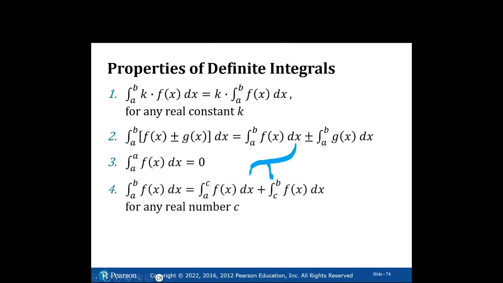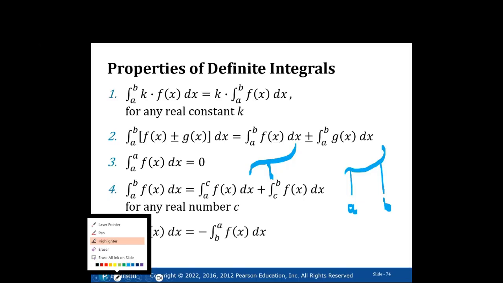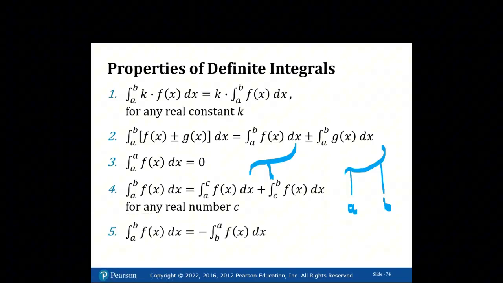And here we have that if I have some definite integral from a to b, I can split it as the integral from a to c plus c to b. So if I have this curve, I want the area here from a to b. What I'm saying is I can find some c in the center, doesn't matter which one.